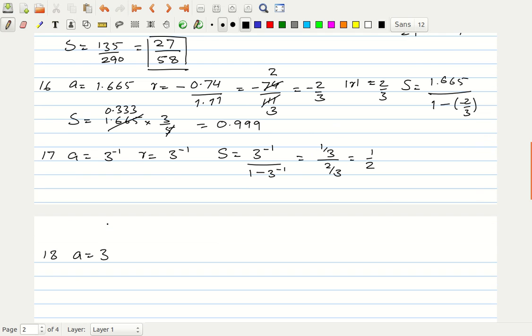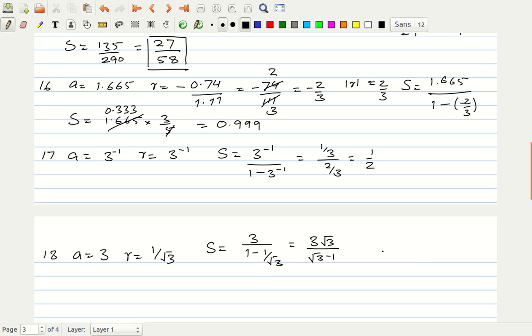Okay, so common ratio r is 1 divided by square root of 3. Now square root of 3 is 1.732 something, so we see that r is less than 1, so sum is going to be 3 divided by 1 minus 1 by square root of 3, and this is going to be 3 times square root of 3 divided by square root of 3 minus 1.